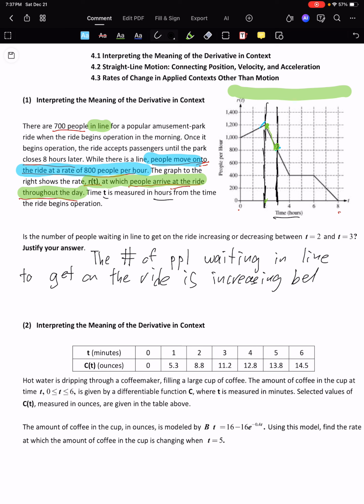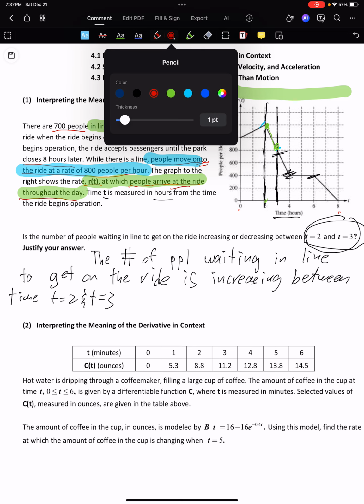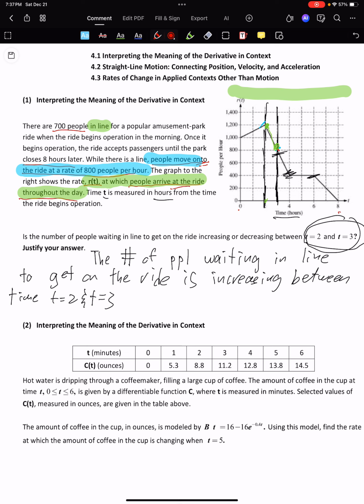Between, gotta add the time as well, because we don't know when it's increasing. We have to tell when, because over here it's decreasing, so we've got to be specific for the time. Between t equals 2 and t equals 3. Some people would ask, technically it's not increasing, it's 800, but it says between, it's not saying on time 2 or time 3, so it is increasing between those times.